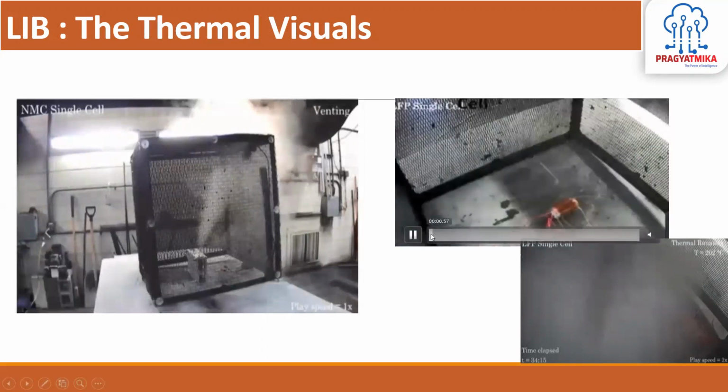And lots of times we have been told that LFP chemistry does not catch fire, but just see over here, this is an LFP single cell, and I will show you that it is not true that LFP does not catch fire.